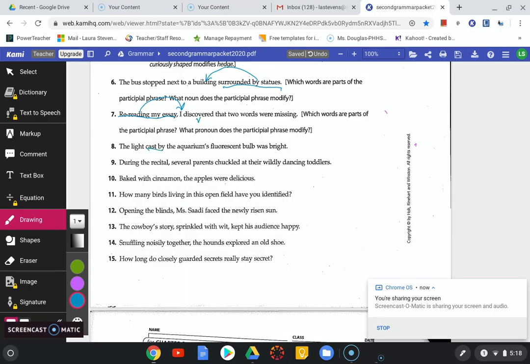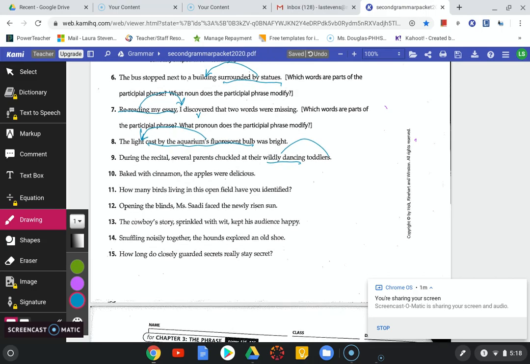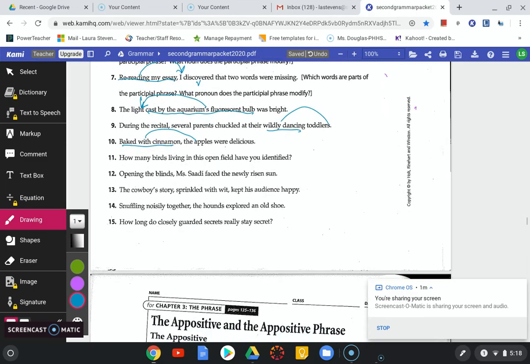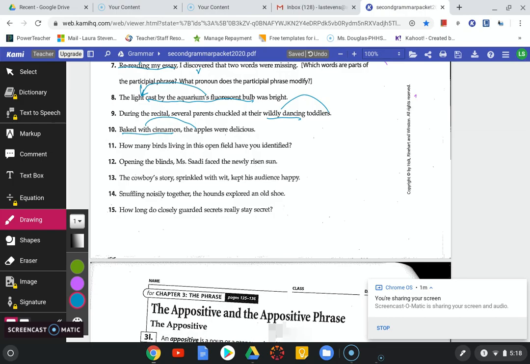Going on to 8, cast by the aquarium's fluorescent bulb, light. This is irregular. Wildlife dancing, describing toddlers. Bake with cinnamon apples. Living in the open field, birds.